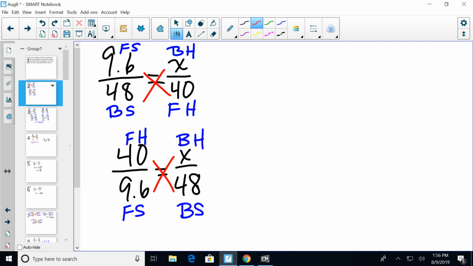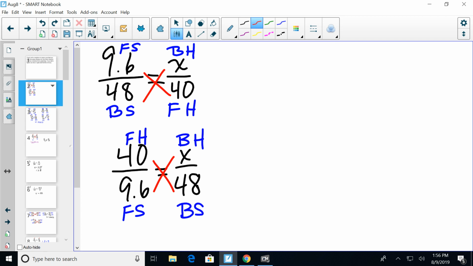So what you see here has to be the same in the numerator. You need to be talking about the same thing as is here, so that when you cross multiply, you're dealing with two different things. You will know you set it up right if, when you cross multiply, you're dealing with both things in the problem and not just one.